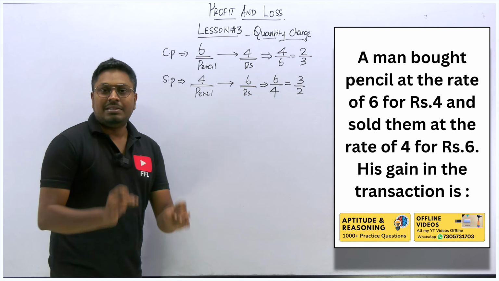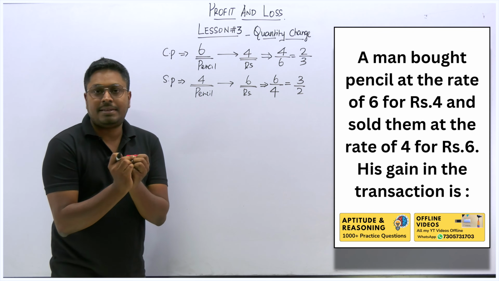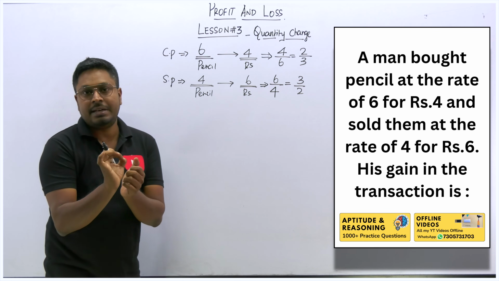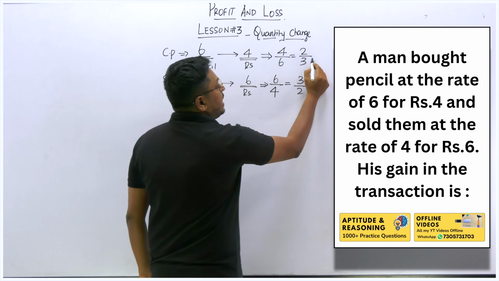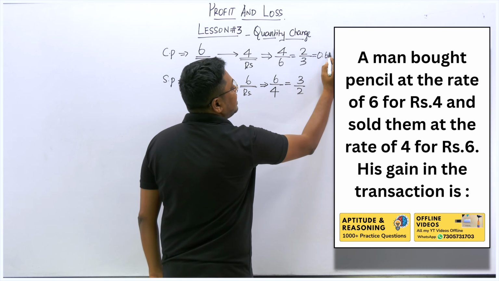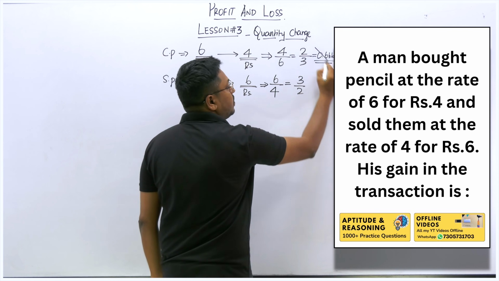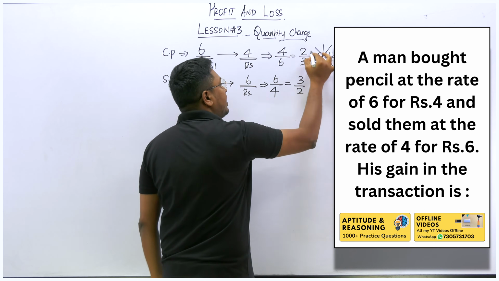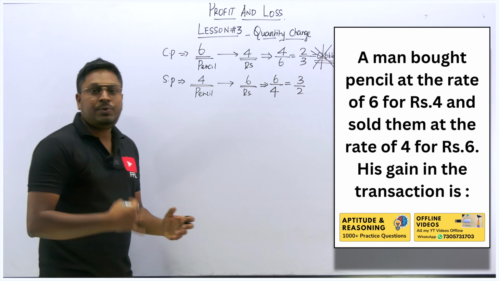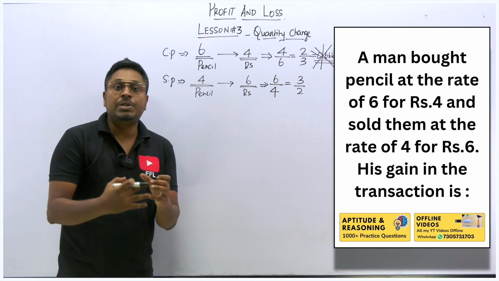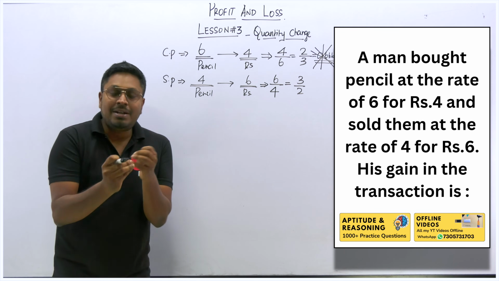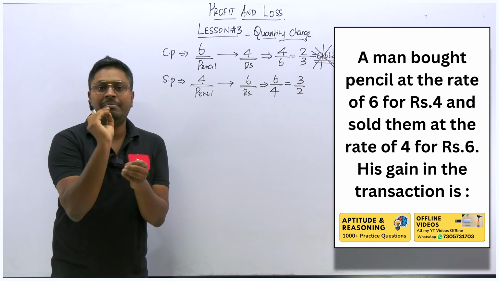So listen here, the most important step. I've seen many beginner students write this 2 by 3 as 0.666 something. Do not do this, right? At any point in profit and loss, do not try to convert the fraction value into a decimal value. If you convert into a decimal value, somewhere you will make a mistake.